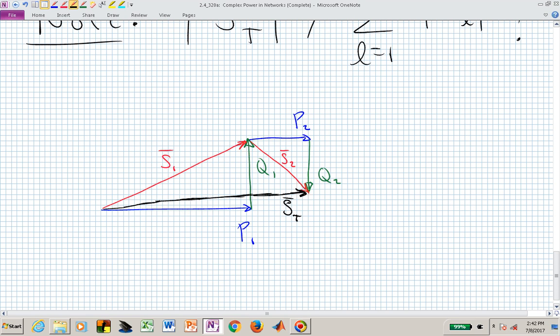We know that S1's magnitude plus S2's magnitude is not going to equal the magnitude of that third side of the triangle.